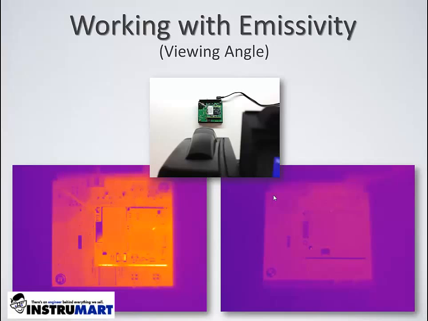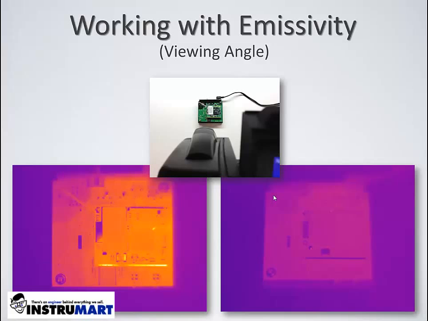And as you can see from this thermal image, there is considerable color variation in the image. Remember, color variations represent different temperatures. So this image shows temperature variation across my printed circuit board. This variation is the result of reflected radiation because my printed circuit board is at steady state.